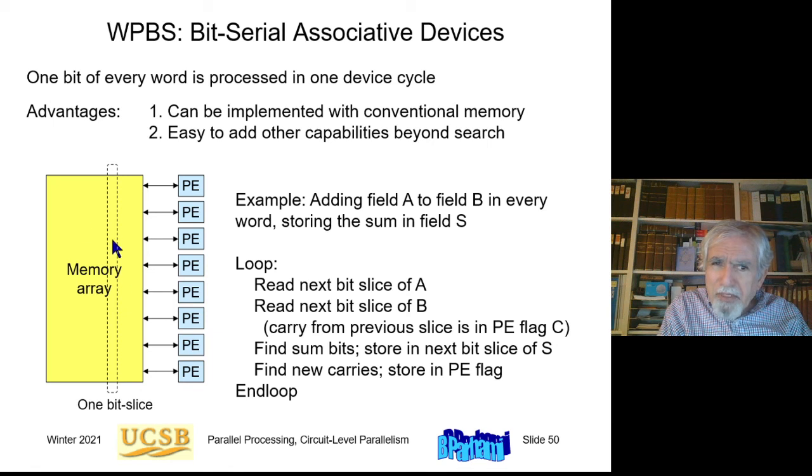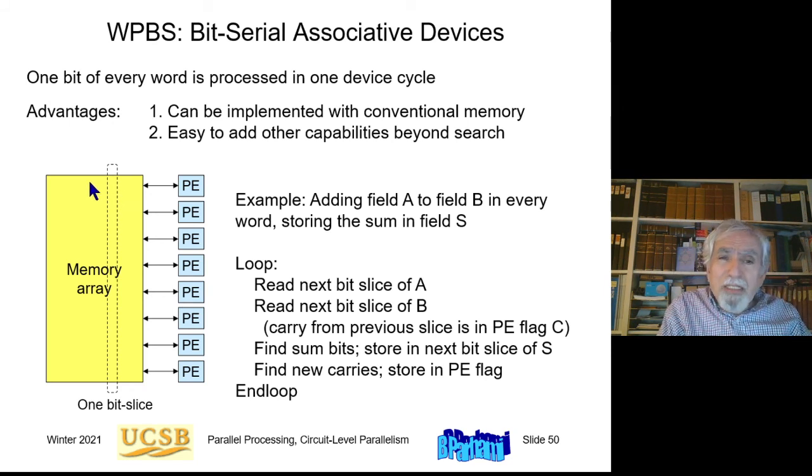Read the next bit slice of B, the least significant bit of slice B, and the carry from the previous slice is in flag C within the processor. Add the bits and store them in a bit slice of S. So once I've added those two bit slices, I store the result in another slice. Keep the carries in these flags, and then repeat the process.